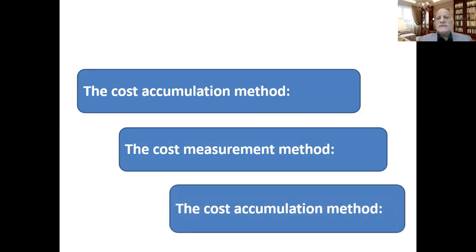Thirdly, the cost allocation method. Is it volume-based or activity-based? You must choose for each one of these three characteristics of costing methods.